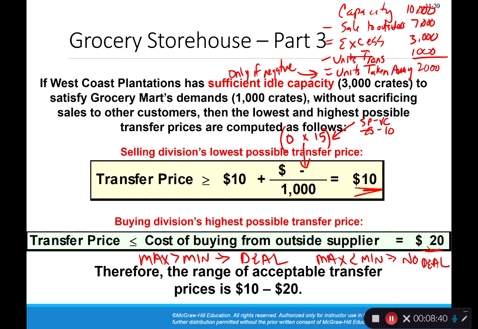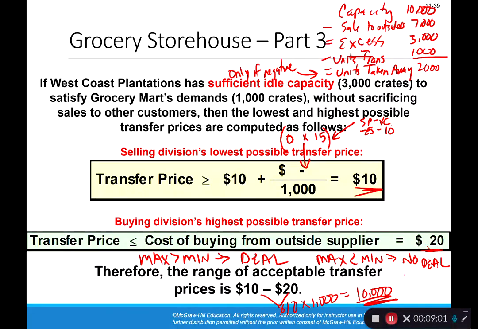So basically what I mean by that is the difference is $10. So if we do this transfer of 1,000 units, the company overall is going to be better off by 10 grand. If we don't do it, the company will be worse off by 10 grand. It doesn't matter what the price is. You want to set the transfer price at $1 billion?